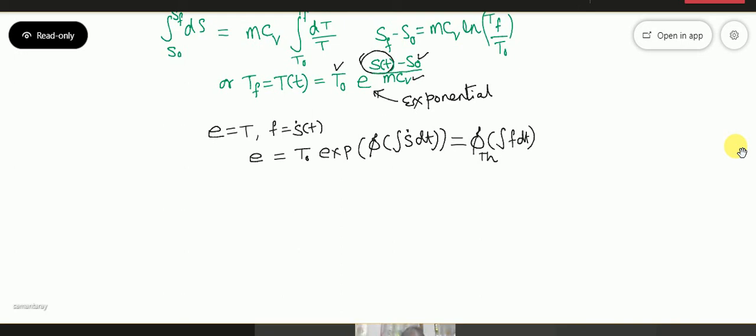The nonlinear energy storage here, effort is temperature. So this C is given by some thermal accumulator as a function whose argument is the integral of f dt. That way we can find the temperature.